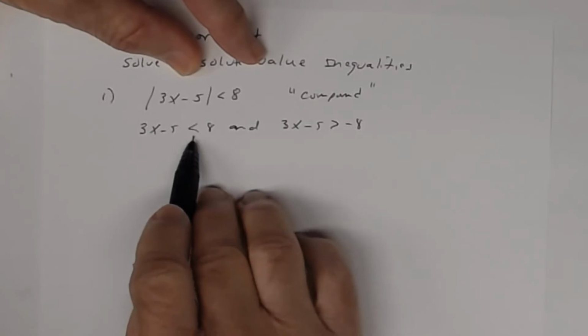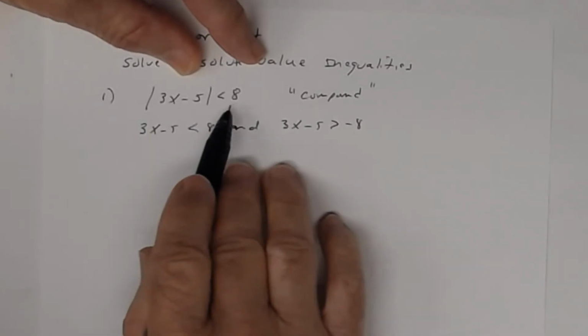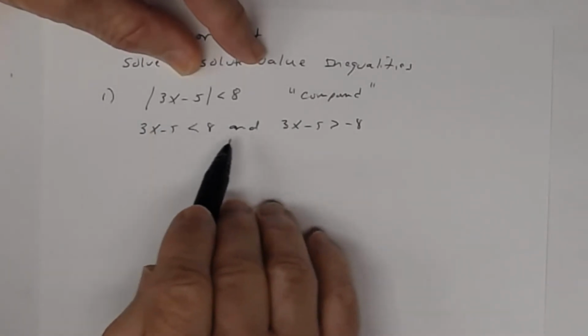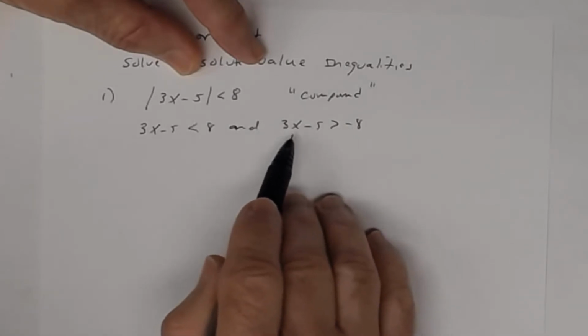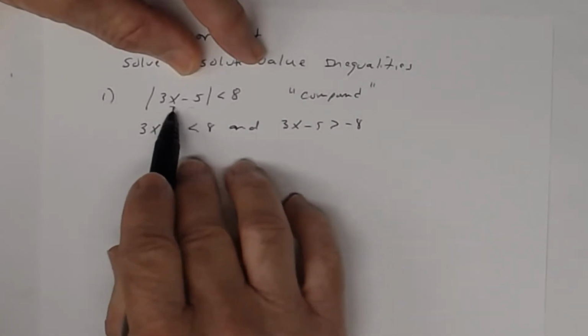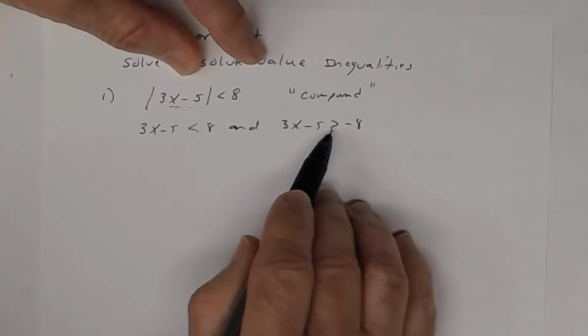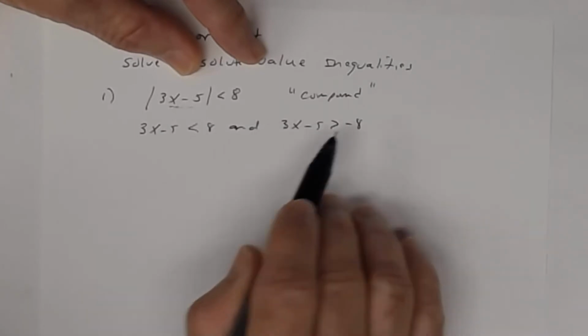So notice the less than. Basically what you did was you rewrote this without the absolute value bars, and you made an and statement, and then you said, well, 3x minus 5 must be greater than. So this is less than, this is greater than, this is positive 8, this is negative 8.